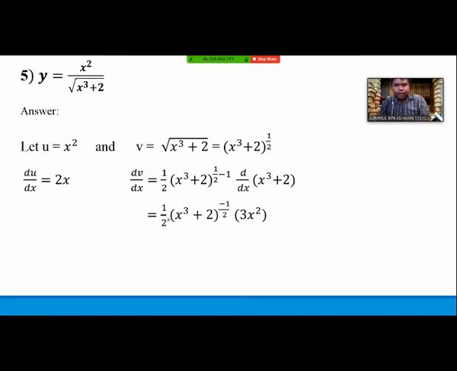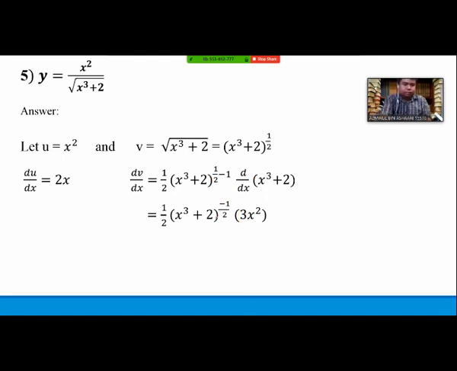And what you will get is half, x power of 3 plus 2, power half minus 1 will become negative half, power of negative half. And this one, x power of 3, 3 moves to the front, becomes 3, and 3 minus 1 will become 2. Okay, 3x power of 2 plus 2. And this 2 is a constant, doesn't have an x, so it becomes 0.